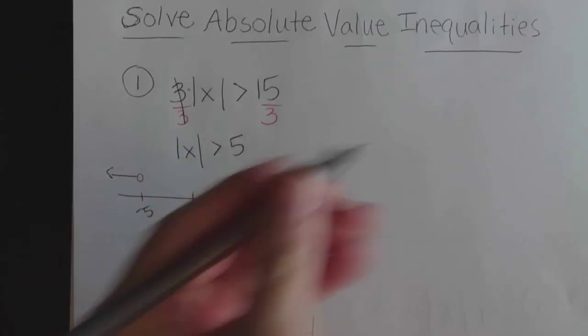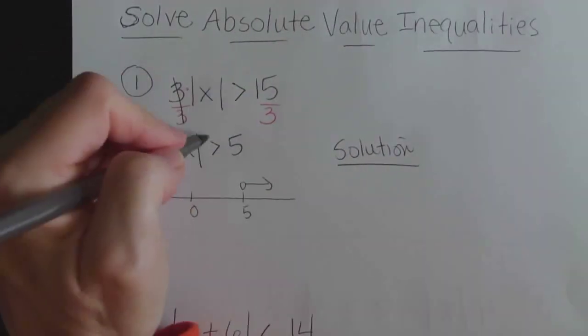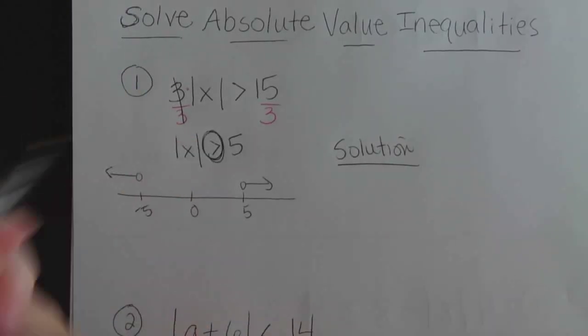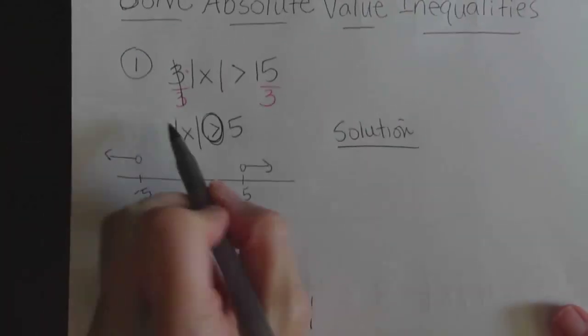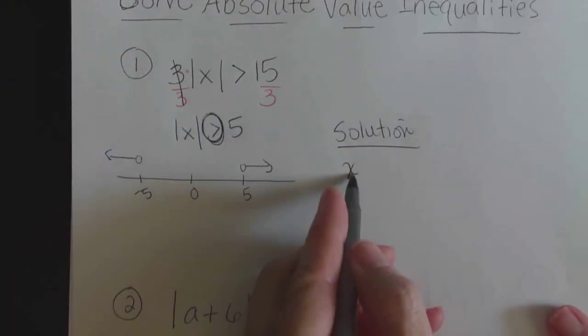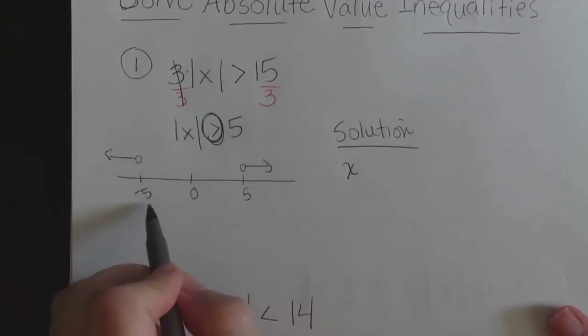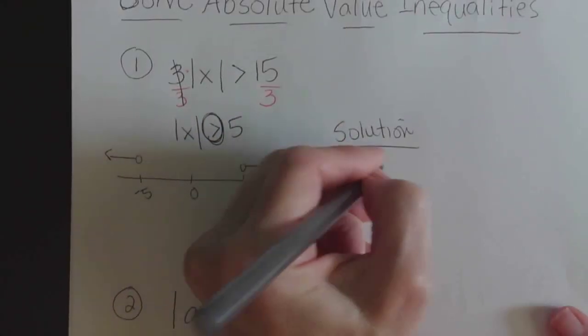So to state your solution, it always works the same whenever your symbol is greater than. The contents of the absolute value, which we'll call x, have to be beneath the negative version of this number.